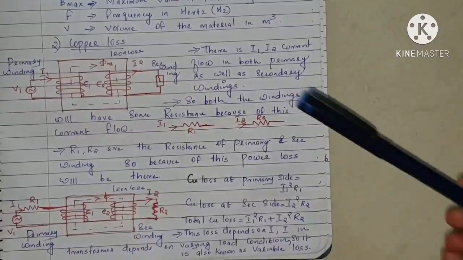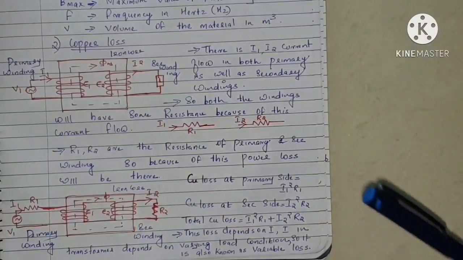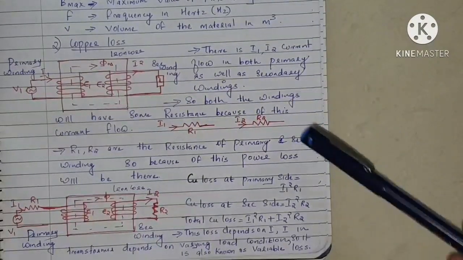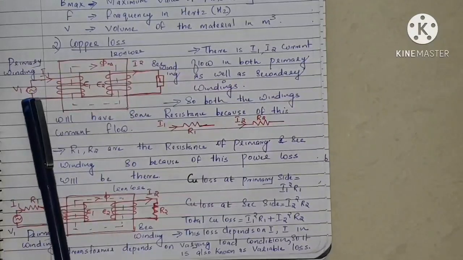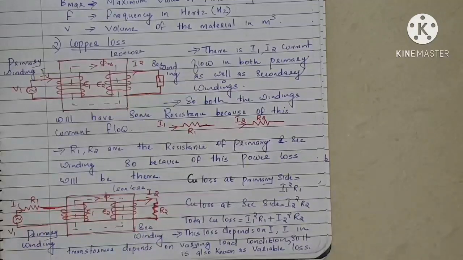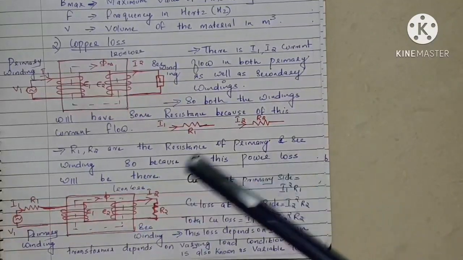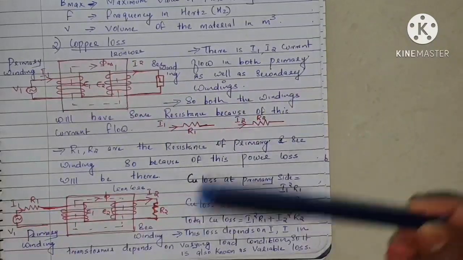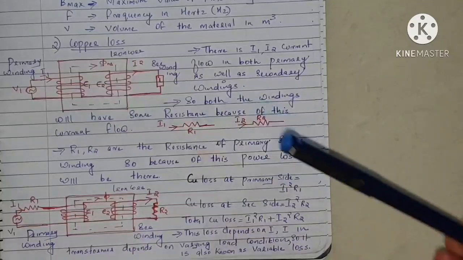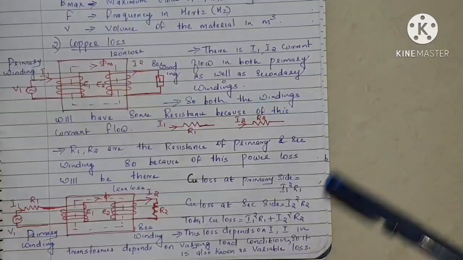Next, we'll discuss copper loss. There is current flow in both primary as well as secondary winding, that is I1 and I2. So both the windings will have some resistance, let us consider it as R1 and R2, the resistance of primary and secondary winding respectively.